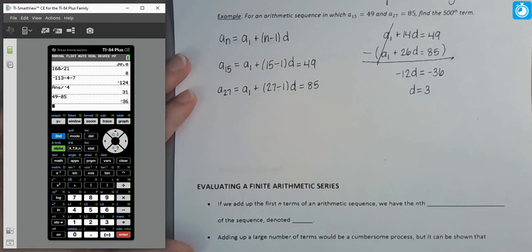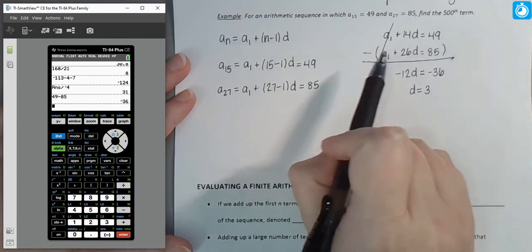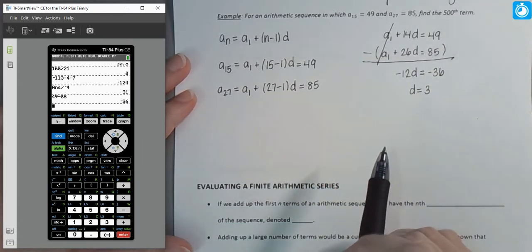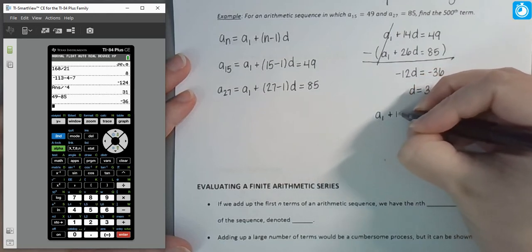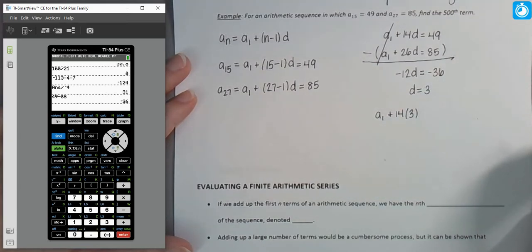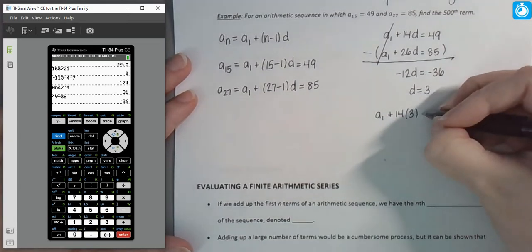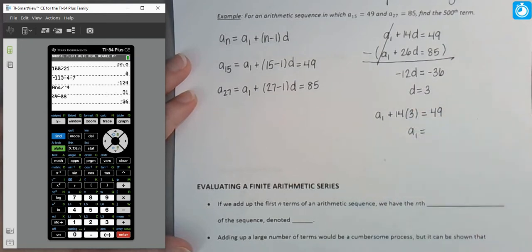So based on knowing the value for D, now we can pick one of our equations, sub in that value, and then solve for A1. Doesn't matter which one you use, I'm just going to use the first one because the numbers are smaller. So we know that A1 plus 14 times D, which we determined is 3, is going to be equal to 49. So based on that, A1 is going to be 49 minus 14 times 3, which is 7.